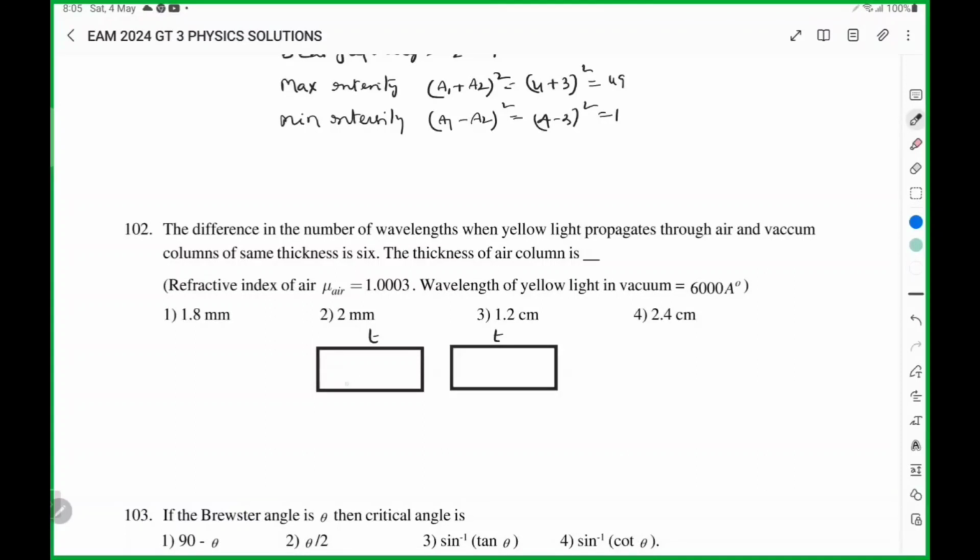Let us consider this as air and vacuum. Generally we consider them the same, but here the refractive index of air is given.